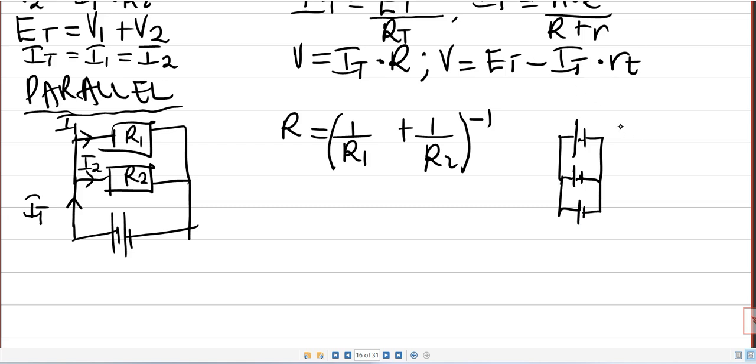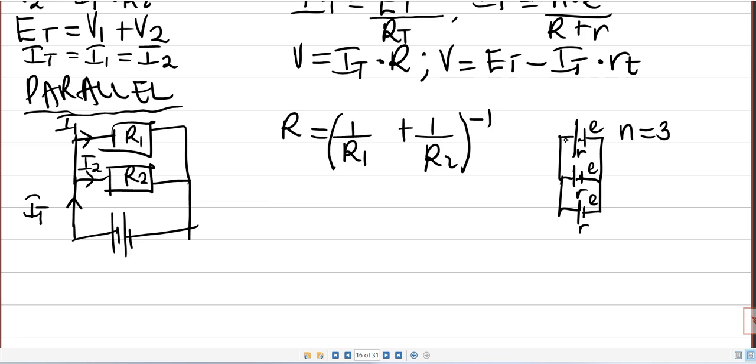So in this case, I have 3 cells, 1, 2, and 3. Each cell has an internal resistance and also has an EMF. For my total internal resistance, we will disregard this one and refer to this one.